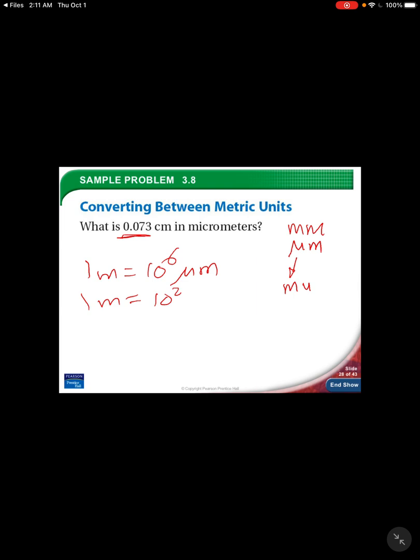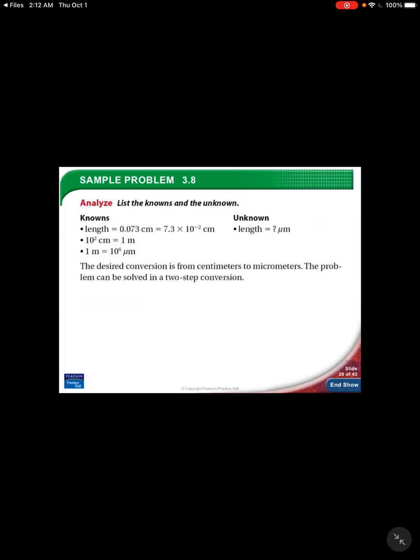So 10 to the second or 100 centimeters in a meter. So here's my two conversion factors. So I'll take a two-step approach in doing this conversion because, as I said, I don't know how many micrometers in a centimeter. So here's what I just discussed, my conversion factors.